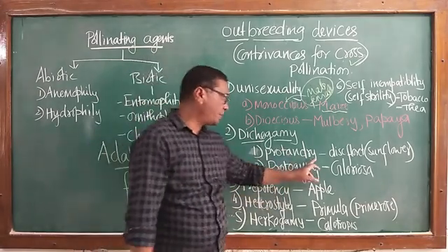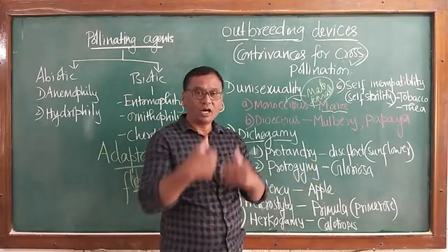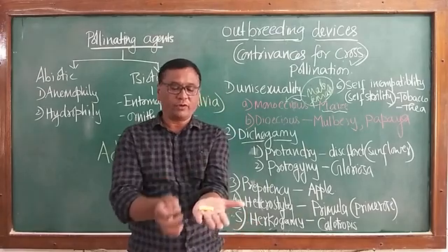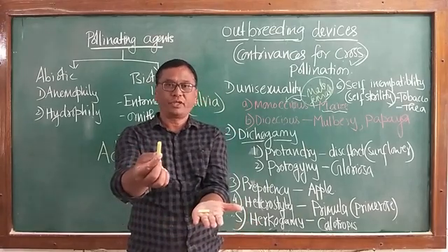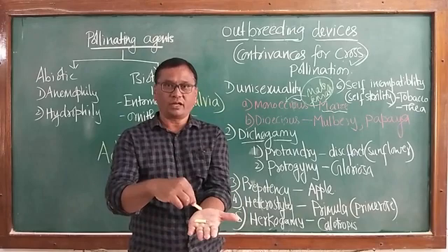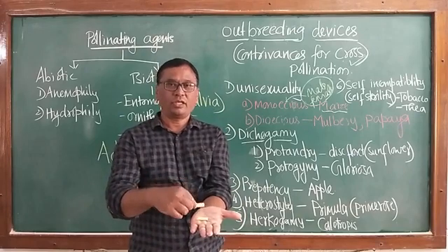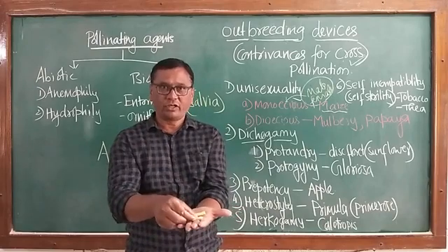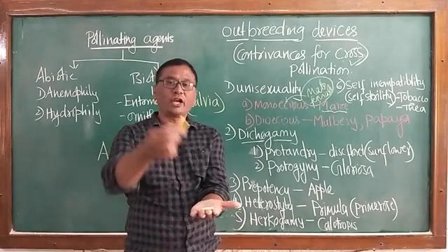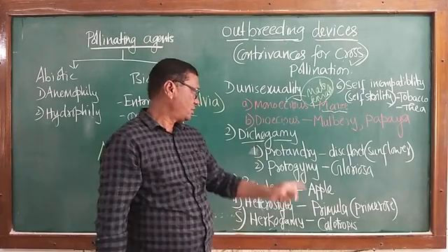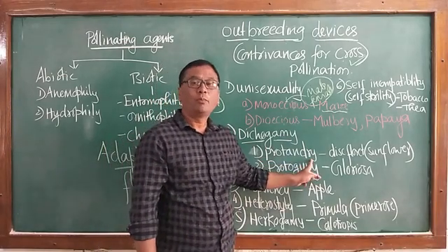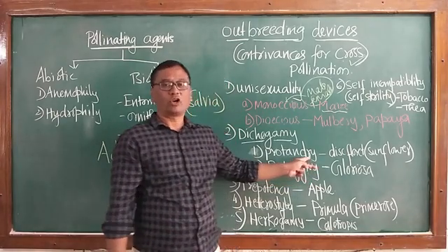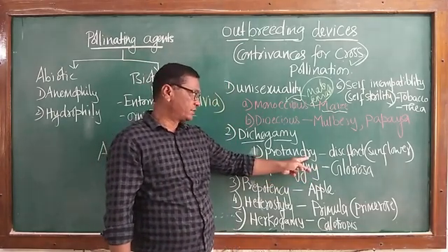When the androecium matures earlier than the gynoecium, for example the androecium matures in the first week and the gynoecium matures in the second week, the process is known as protandry. And the flowers are called protandrous flowers.